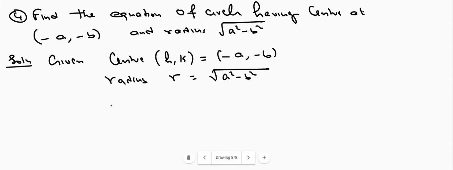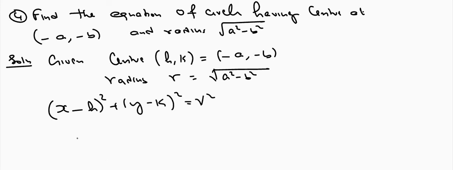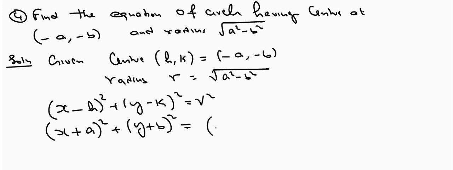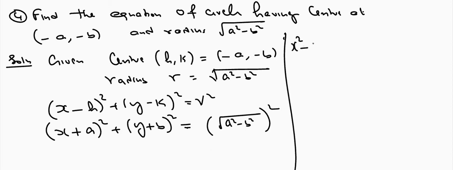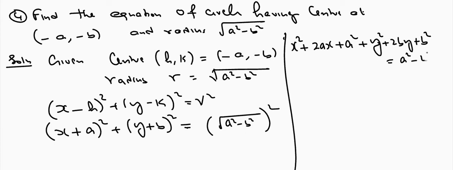Now we use the formula: the required equation of the circle is (x minus h) whole square plus (y minus k) whole square equals r square. We substitute minus a in the place of h, then x minus minus a will become (x plus a) whole square, plus (y minus minus b), that is (y plus b) whole square, equals the radius root of a square minus b square whole square. If we expand the LHS, we get x square plus 2ax plus a square plus y square plus 2by plus b square equals a square minus b square.